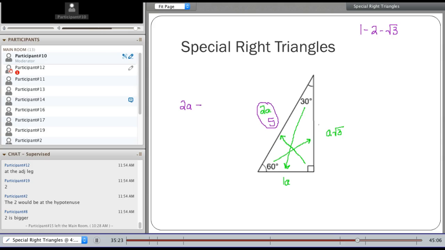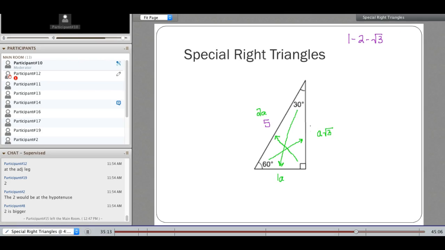They're two different ways to represent the hypotenuse, but they have to be the same. So using algebra, that means 2A is equal to 5. I'm going to divide by 2 on both sides to figure out what A is. So it would be 2.5.